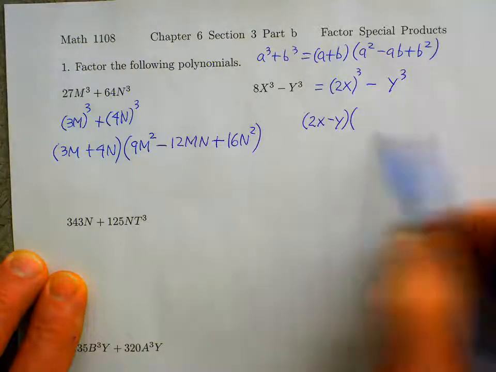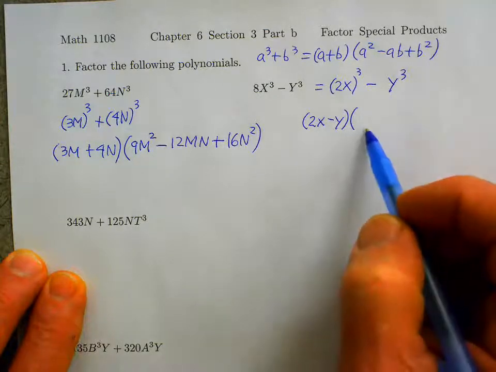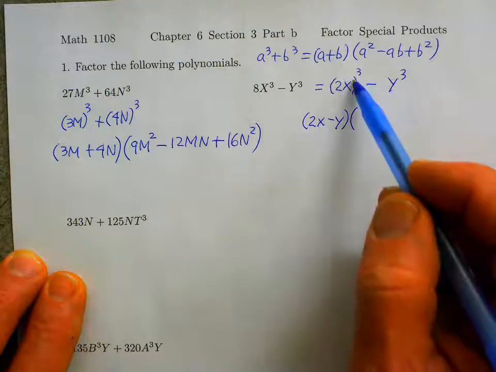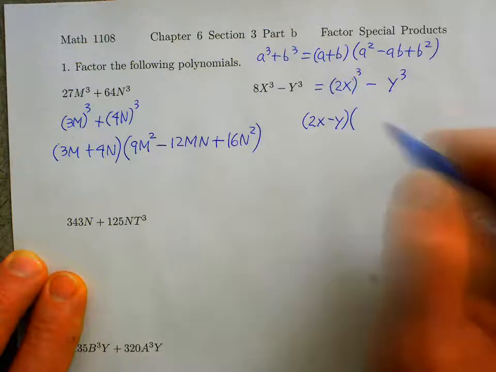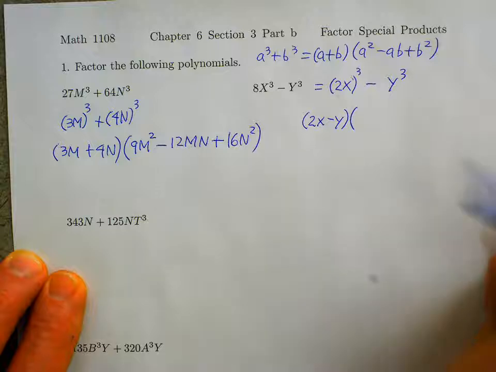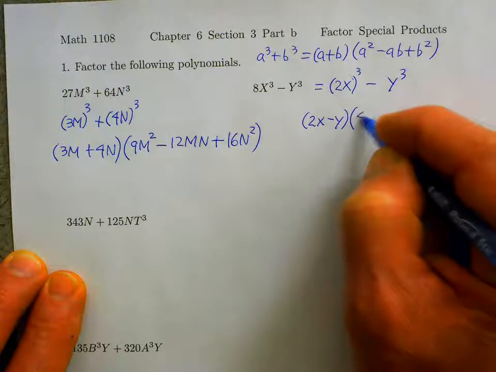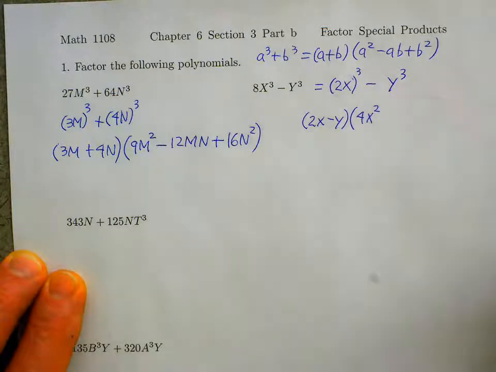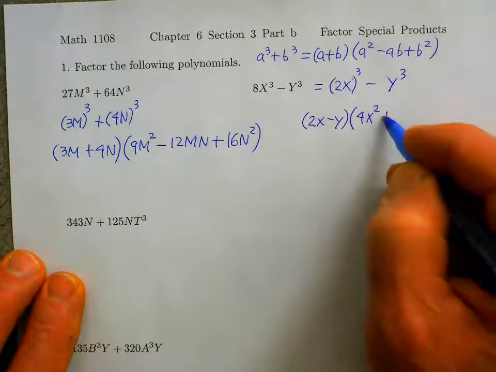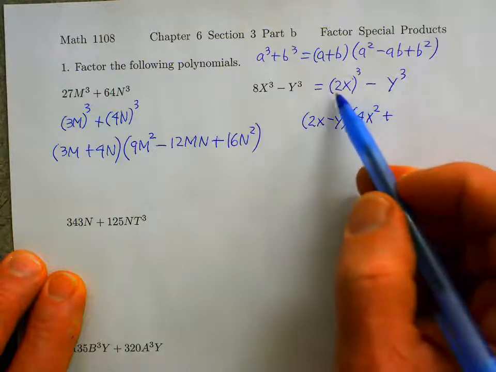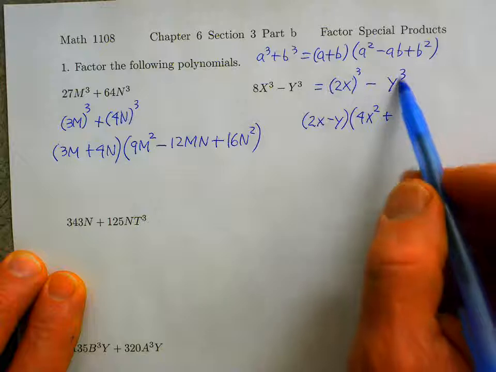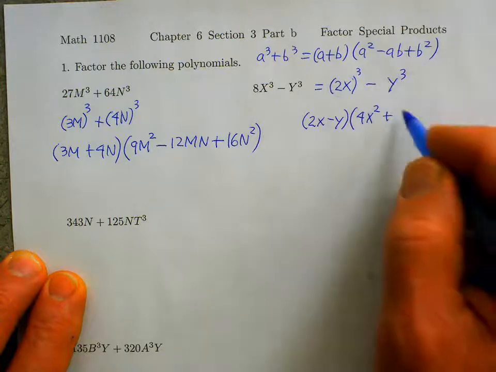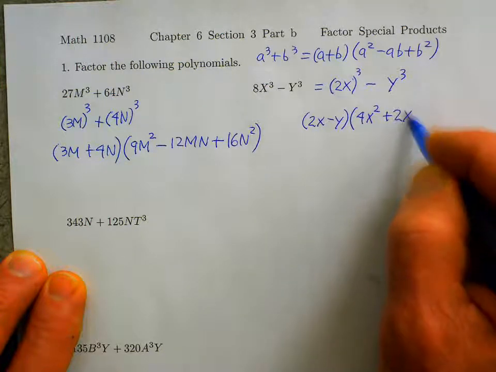And then the trinomial, the first term in the trinomial is what we get when we square the term 2x. When you square the term 2x, 2x times 2x is 4x to the second. Then we're going to add 2x times y, which is 2xy.